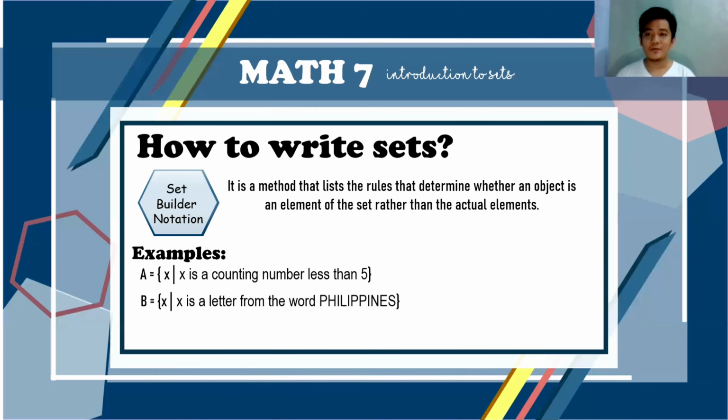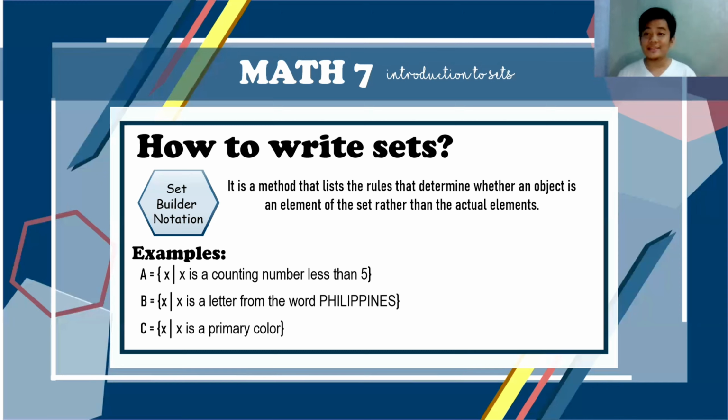Set B equals {x such that x is a letter from the word Philippines}. We have the name of the set, the equal sign, the braces, the x such that x, and the rule. And for the last one, we have set C equals {x such that x is a primary color}. The same as the other examples, we have the name of the set, the equal sign, the braces, the x such that x, and the rule.